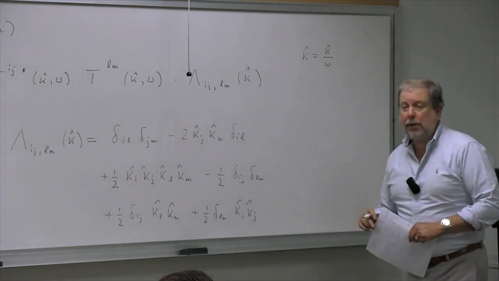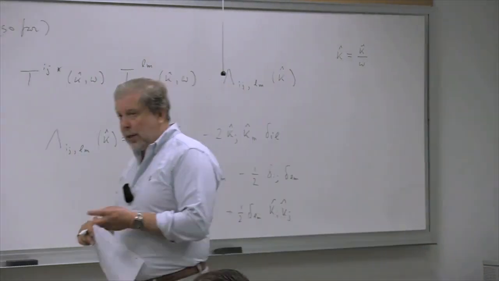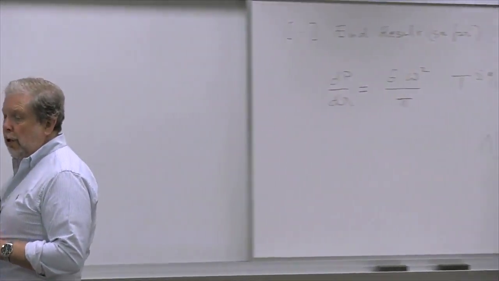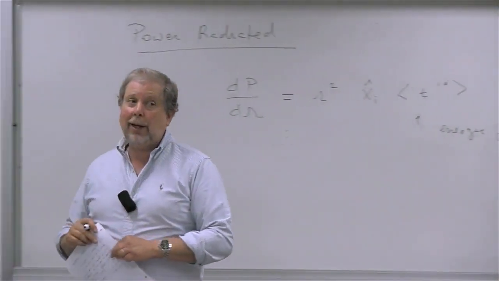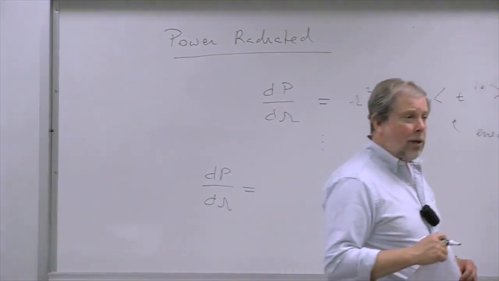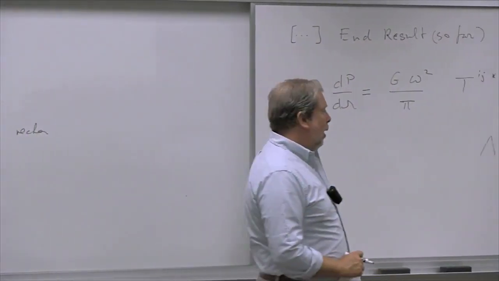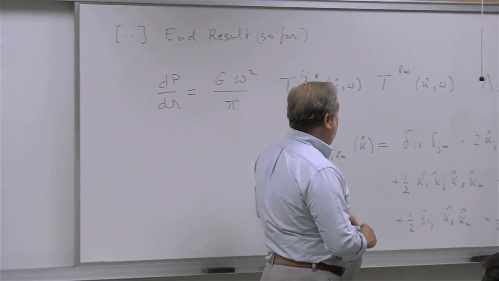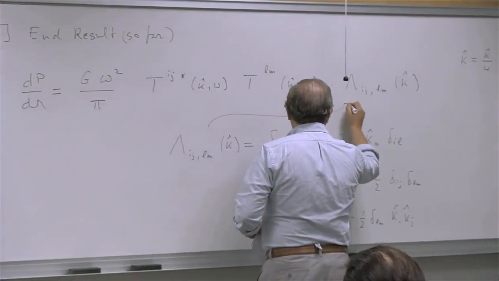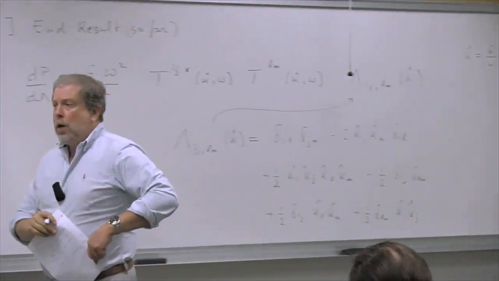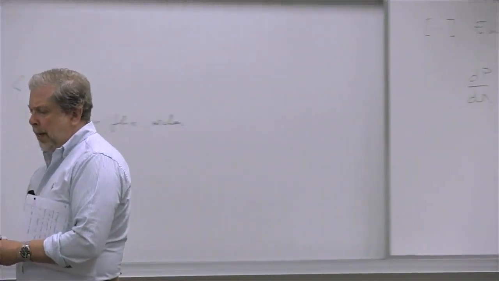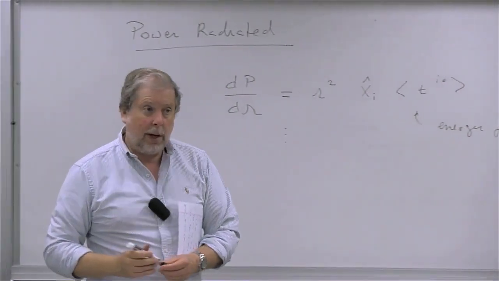So rather messy. It can be viewed as some sort of projection operator, and it is a remnant of the fact that these waves are transverse traceless waves, and therefore you have to have this thing appearing. And so there is this complicated dependence on the components of k.